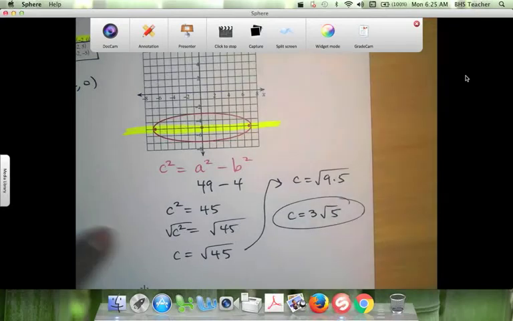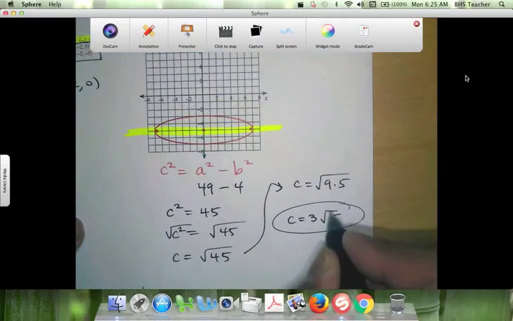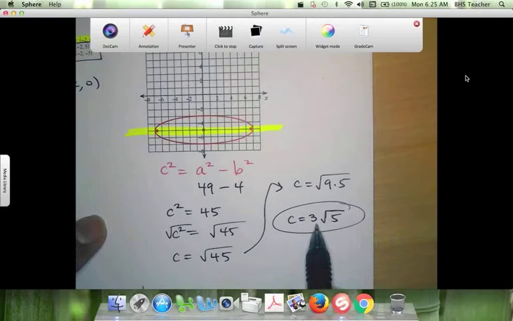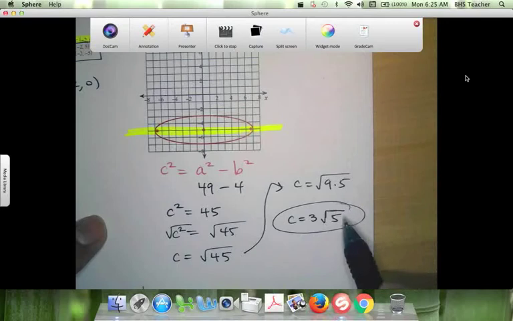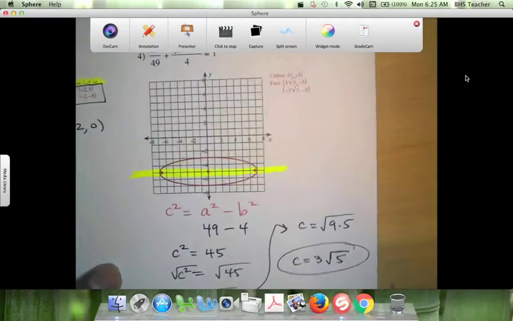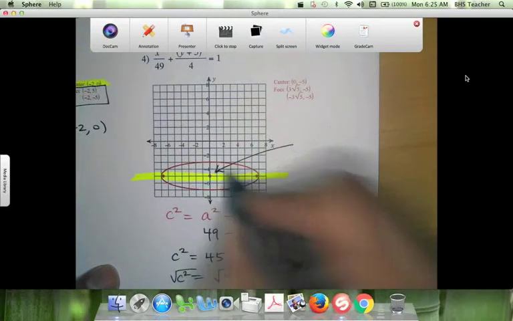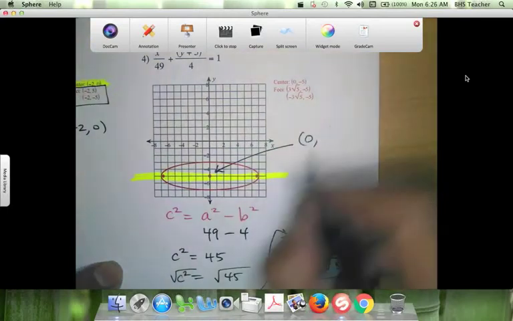All right, here's where some people struggled when it's something like this. Okay, this is the distance that I have to go off of the center. See, this is where some of you were thinking it's always 0, 0. The center is not always 0, 0. Here you're going off of the center, which in this problem is 0 on the x, negative 5 on the y.